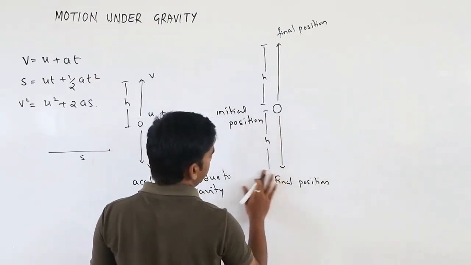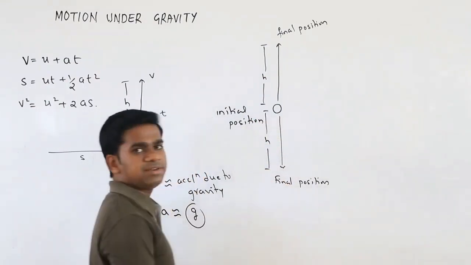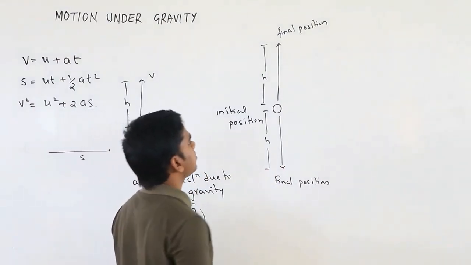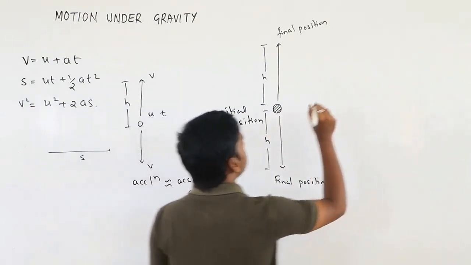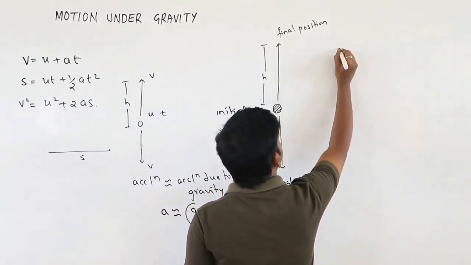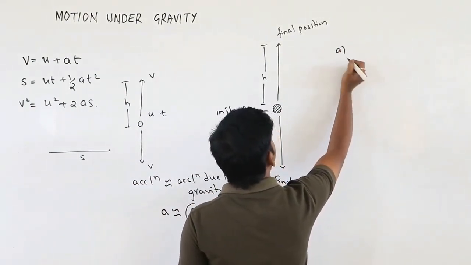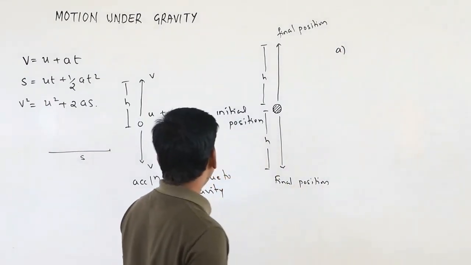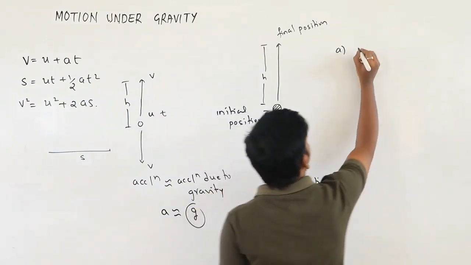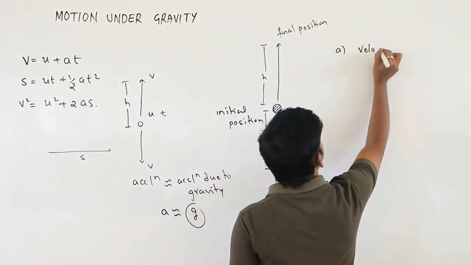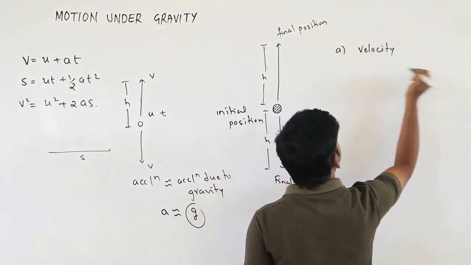Now, when do we have to take positive, and when negative? Suppose this is your initial position. The first point is about velocity. When do we take velocity positive and when negative?